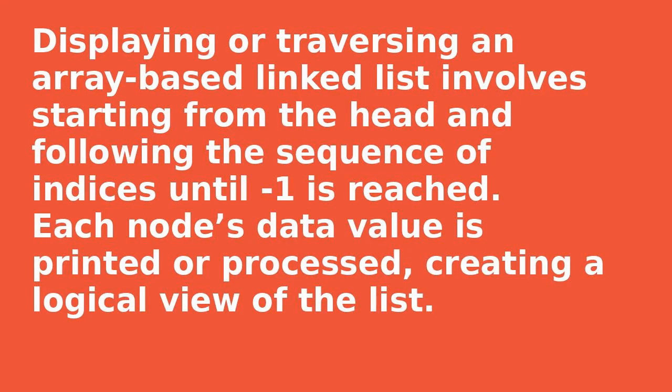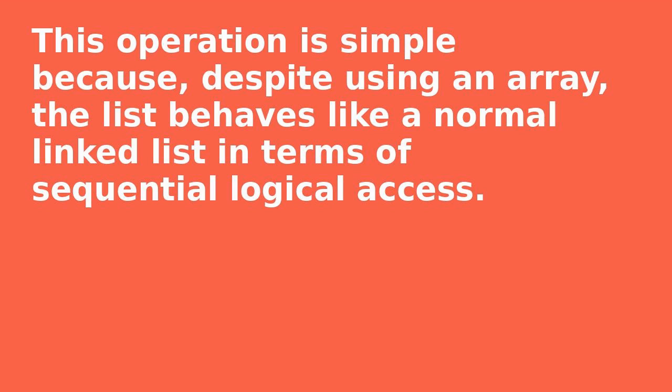Displaying or traversing an array-based linked list involves starting from the head and following the sequence of indices until -1 is reached. Each node's data value is printed or processed, creating a logical view of the list. This operation is simple because, despite using an array, the list behaves like a normal linked list in terms of sequential logical access.